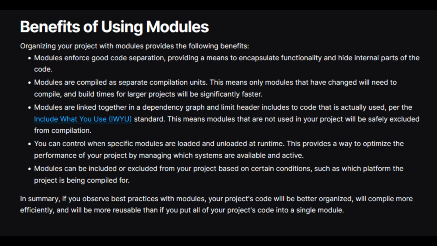The first one I've already mentioned a couple of times, but it is compile time. As your project grows, you add more and more features and functionality. If everything is in one module, like I had with the last series, and you make a change, there's a really good chance that's going to require a bunch of things to need to be recompiled.